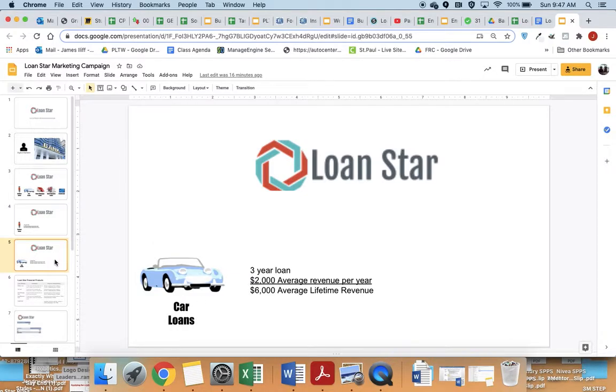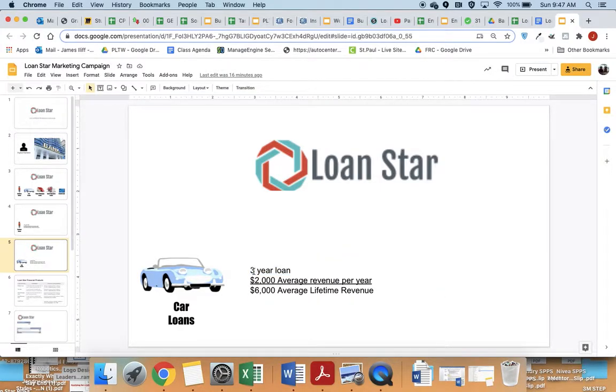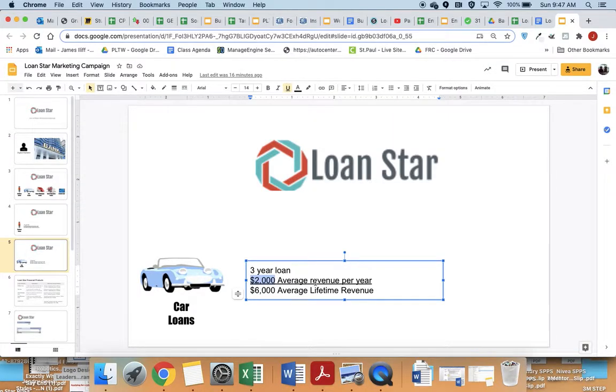Well, let's look at one more. Here's car loans. A car loan typically has a lifetime of 3 years, so much shorter lifespan. It has an average annual revenue of $2,000. So Lone Star earns a little bit more every year on this loan. So $2,000 every year.